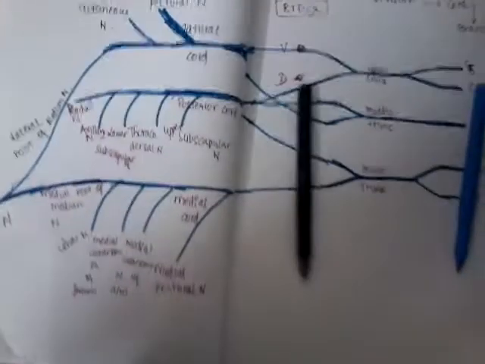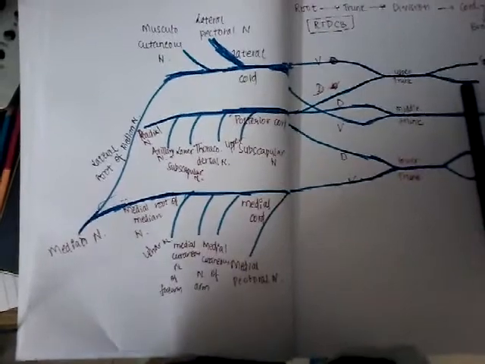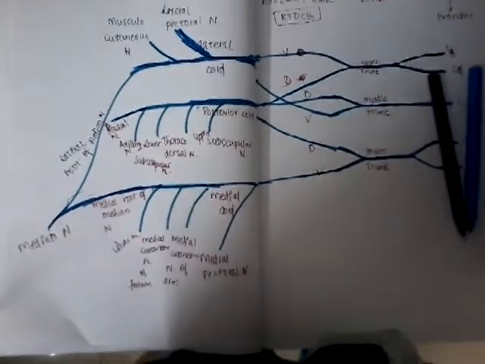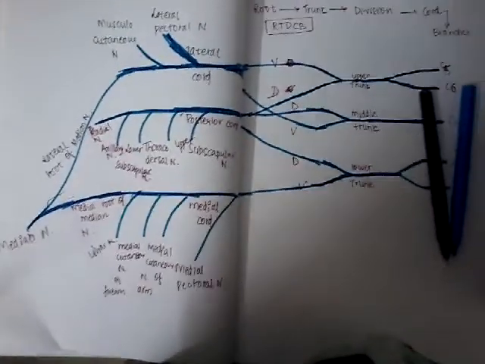So these are the different branches of the different cords of brachial plexus.